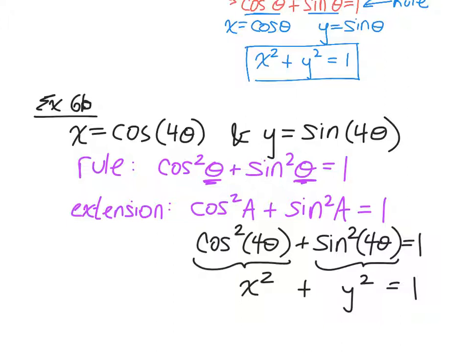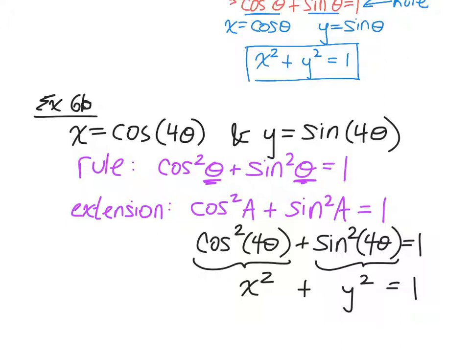So what we're looking at here is a frequency of 1 because the coefficient of theta was 1. Here's a frequency of 4. So what that's telling me is you've got this circle. The first set of parametrics is only going to go around that circle once. This set of parametrics is going to go around it 4 times. Same path, but you're going to go around it more than once. So whatever that coefficient is.